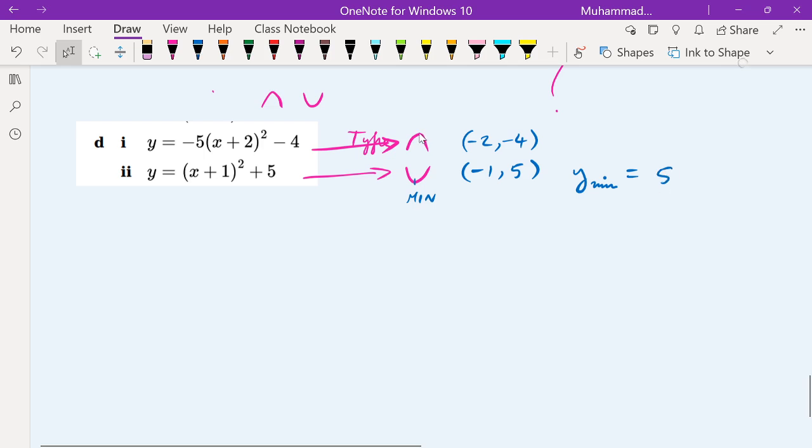Got it. Good. And if there is a cup down one which has a maximum, what is the maximum value of the function, y max? Minus 4. So remember that the value of the function at the turning point is the maximum or minimum accordingly.